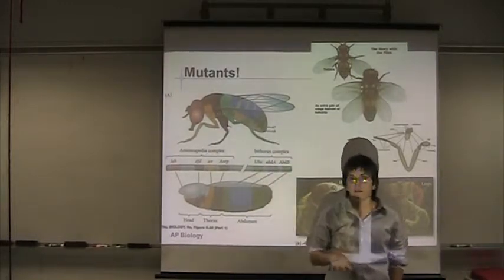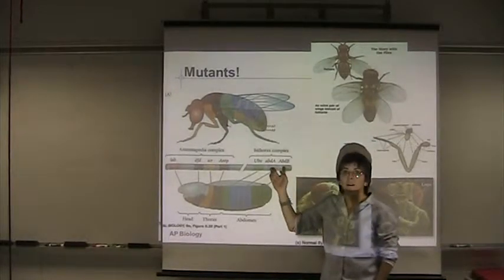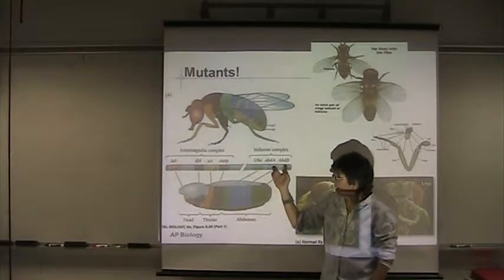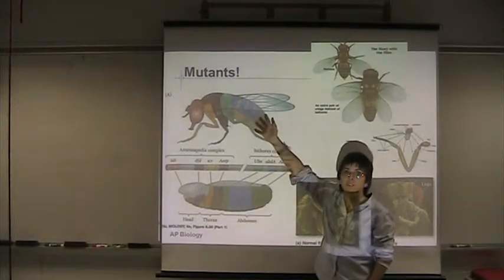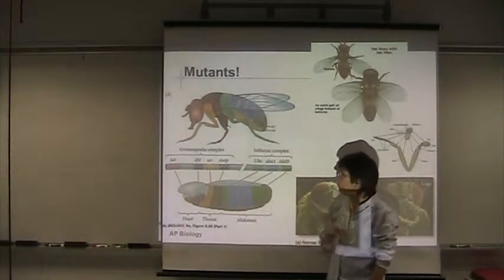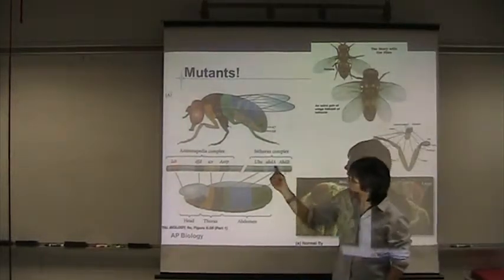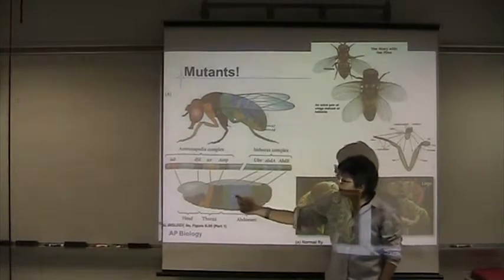So guess what happens? If you have a small mutation here, it's going to affect the larva, it's going to affect the adult, and you're going to change the shape of the organism. One thing that they have discovered, for example, look at this gene that produces the blue.